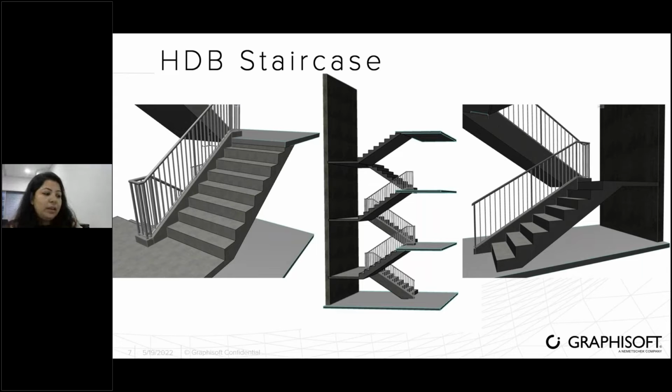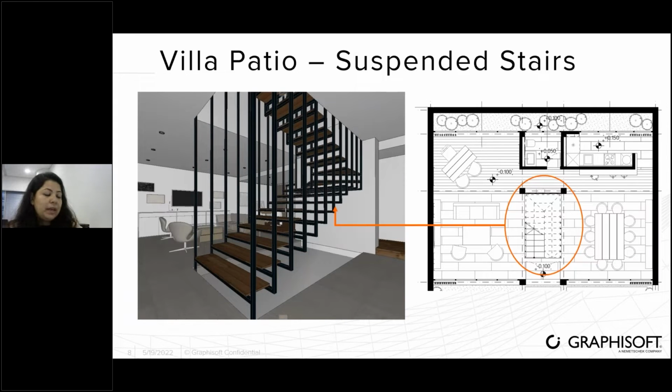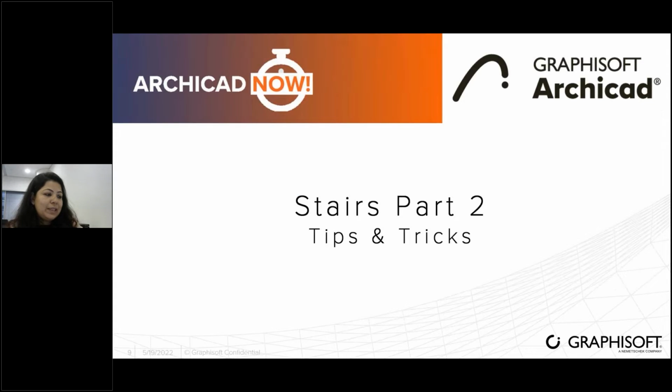And finally, we did a few settings for the treads using Villa Patio as our reference. So let's get started with today's session, which is the second session for stairs.